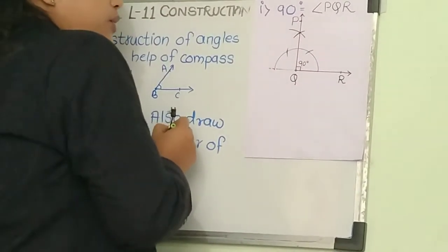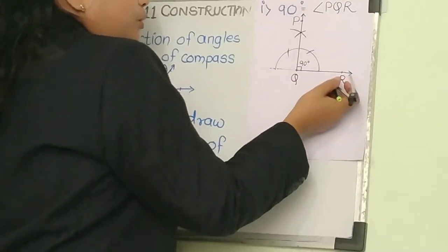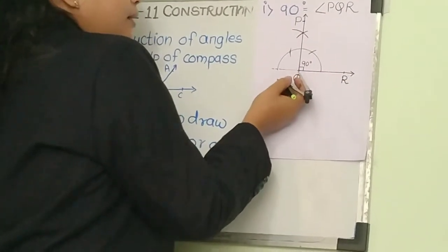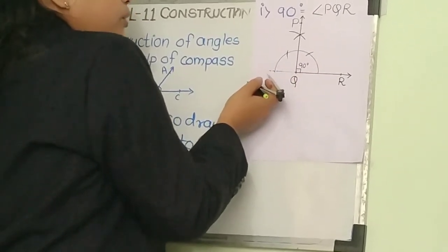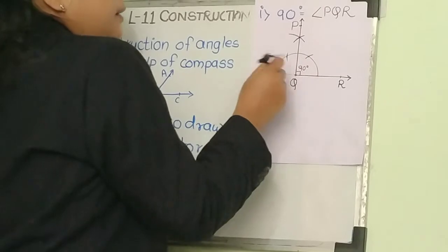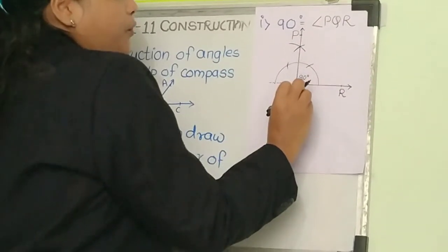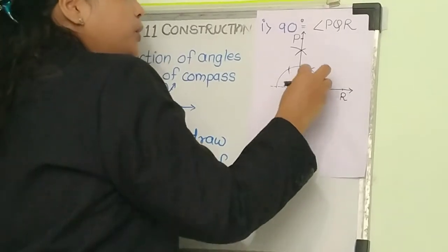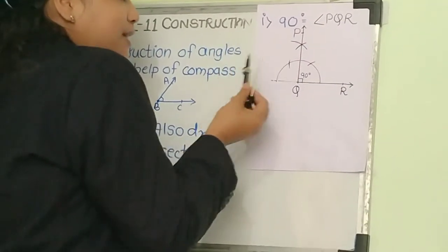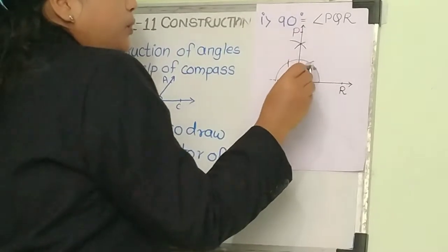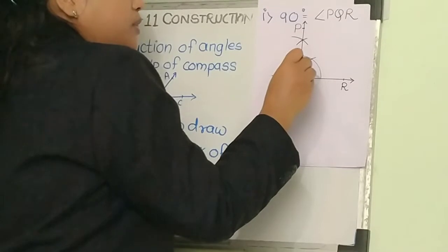Again I will explain you. See here, first you have to draw the QR ray, then from point Q you have to extend to the left, then we take some distance in our compass. From this point Q you have to draw the arc. With that fixed length we are going to draw the arc through these points.